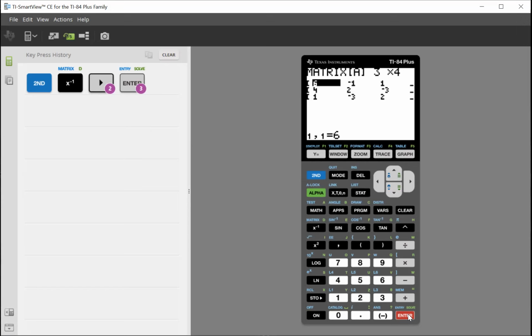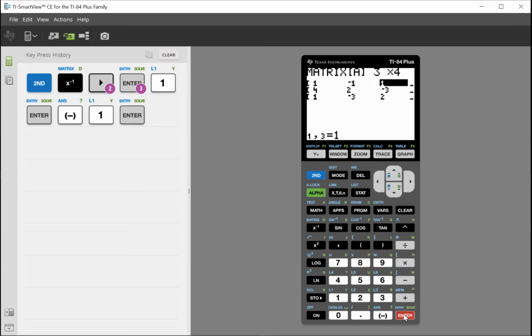So my first row was 1x, which will be a 1, enter. I had minus y, which will be a negative 1, enter. I had 2z, so that'll be a 2, enter. And then the answer on the first row was 3, enter. Now be careful with the second row.